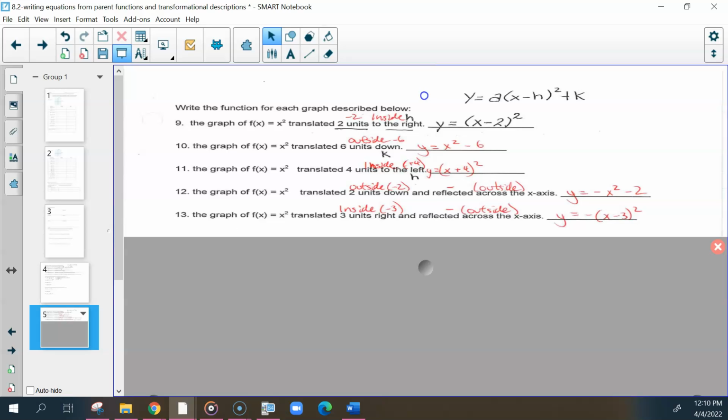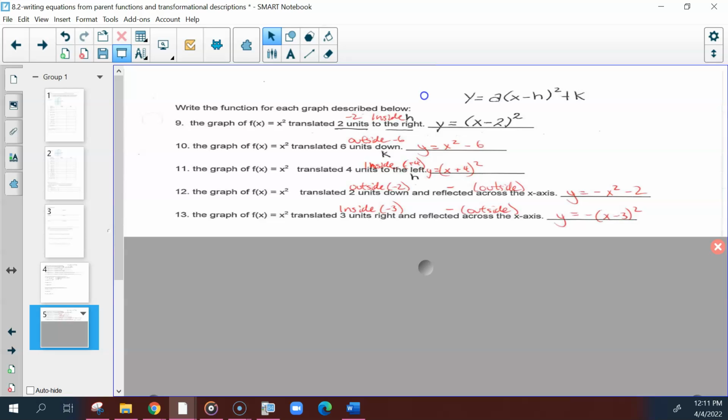Number 11, y equals or f of x equals, all in parentheses, x plus 4, and then squared on the outside. 12 was y equals or f of x equals negative x squared minus 2.